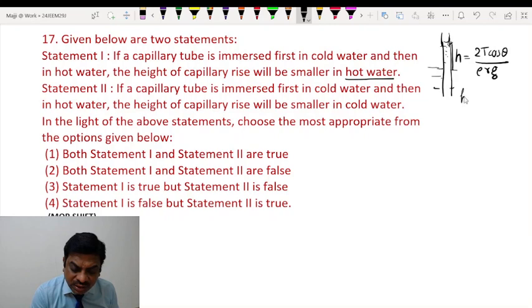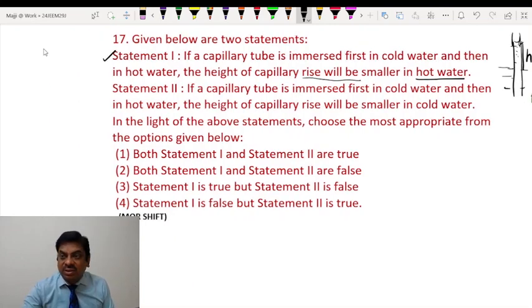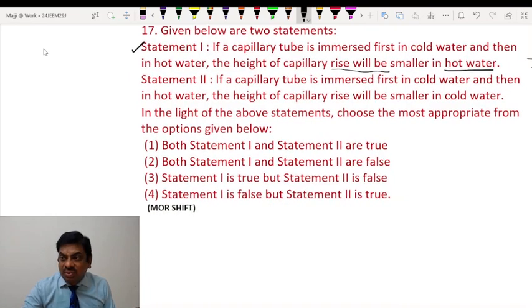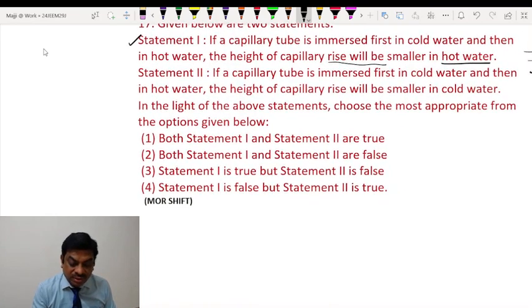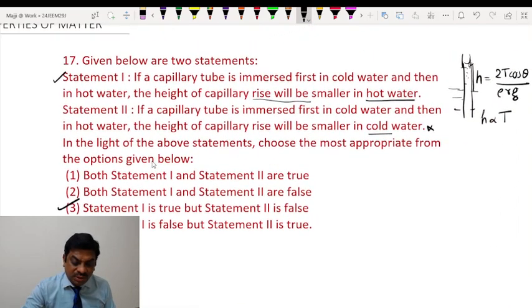From this you can see h is proportional to surface tension. So in hot water, surface tension will be less, so the rise will be smaller. So statement 1 is correct, students. Coming to statement 2, it is just the opposite, so statement 2 is wrong. So we'll go with the third option, that is, statement 1 is true but statement 2 is false.